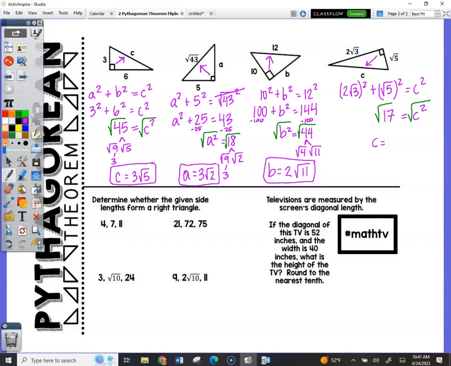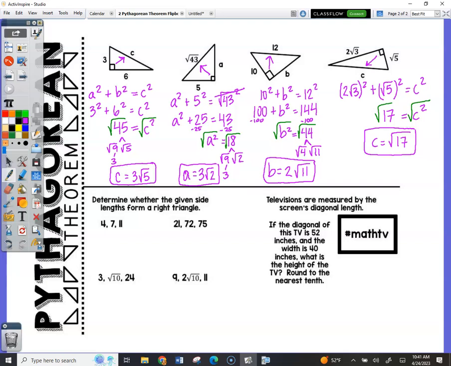So it's 17, so you leave it as the square root of 17. Sometimes you can't go anywhere with it, which, as ugly as it looks, are actually the more desired problems because then you're done. Okay, so that was practicing using the Pythagorean Theorem to find a missing side with both pretty numbers, radicals, and ugly numbers.